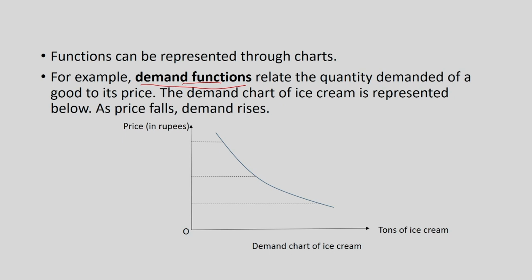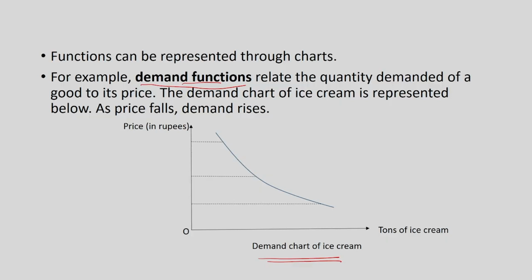So, this can be represented in terms of a chart. So, here is the demand chart of ice cream, let us suppose. So, demand chart of ice cream is represented below, and generally what happens is that as price falls of a good, then people buy more of that good, right, people as a whole.